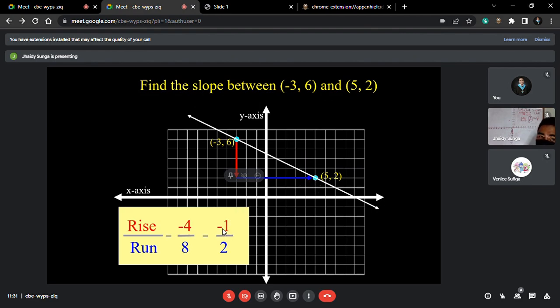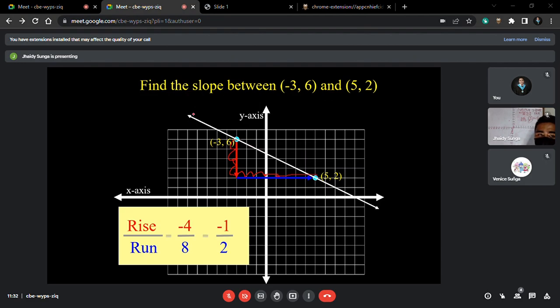If you are going to have negative 1 over 2, you go down 1 and you have a run of 2, 1, 2. The point is here. This is your rise: we go down 1, 2, 3, 4, and we have the run of 1, 2, 3, 4, 5, 6, 7, 8.